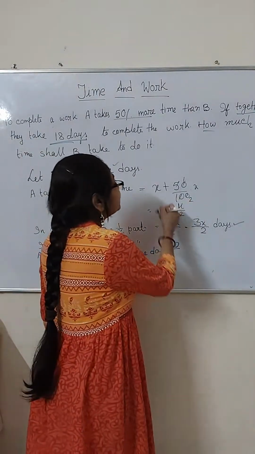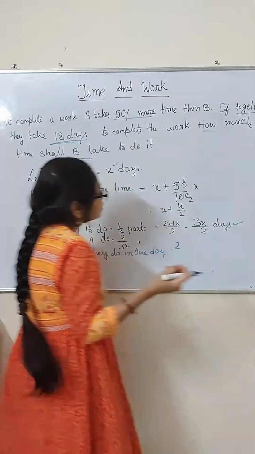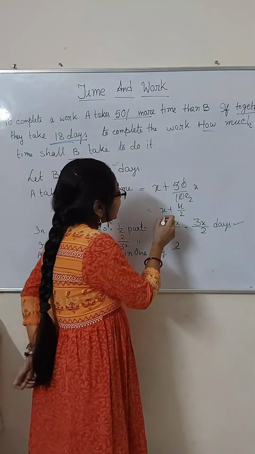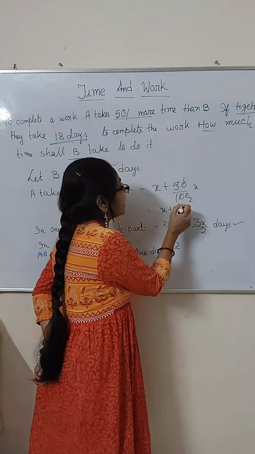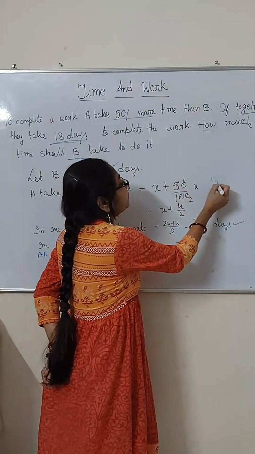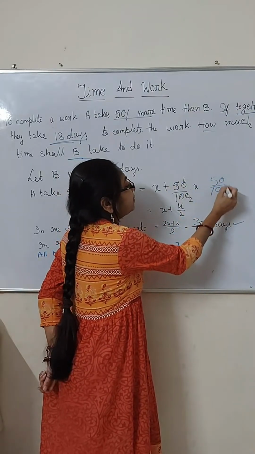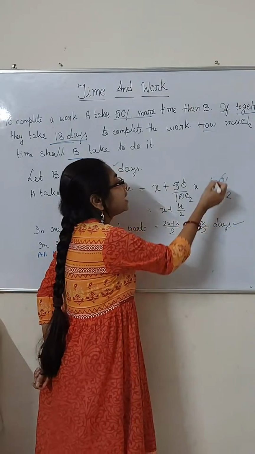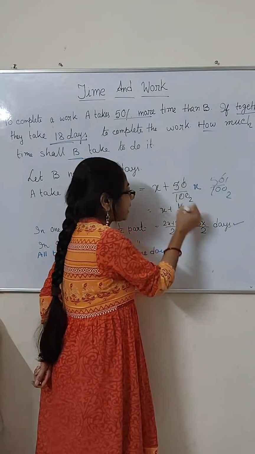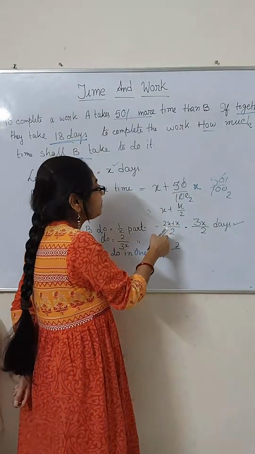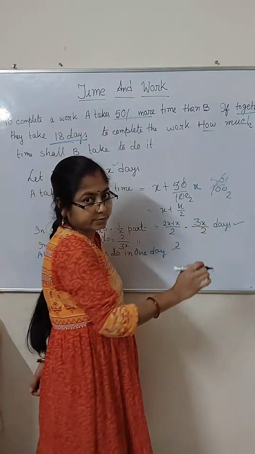I explain this part one more time. Then some kids send the message. This is x plus x by 2. I make it 50 by 100. Make it simplify. It is 1 by 2 means x by 2. Here there is x. X by 2. Now I take the 2 LCM. Then 2x plus x means 3x by 2.